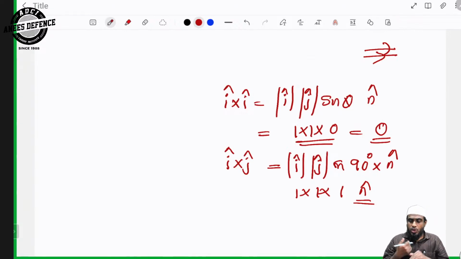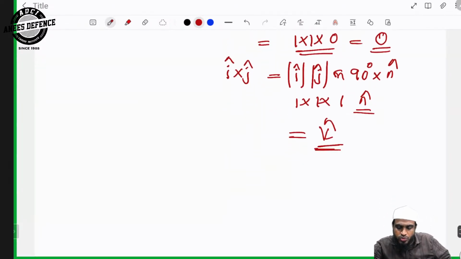So n cap will be representing the k. If the vector is perpendicular to both x and y axis, that will be along z axis. So what is the unit vector along z axis? That is k cap. So I cross j equal to k. So you will be getting along the positive direction of the z axis.